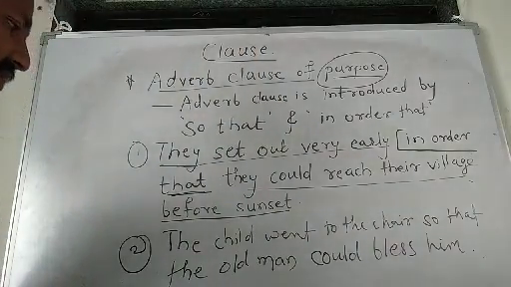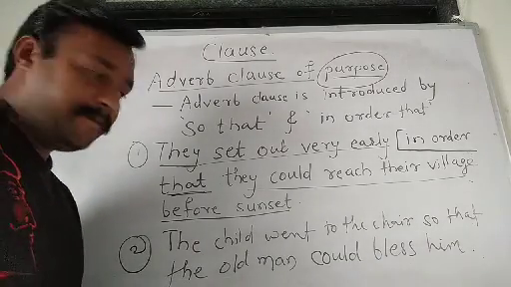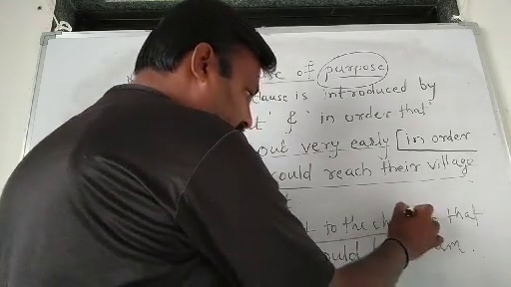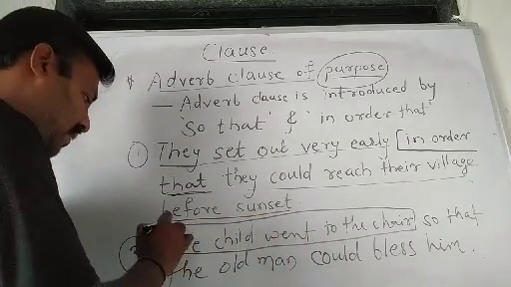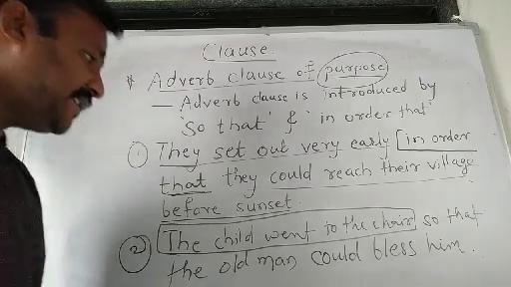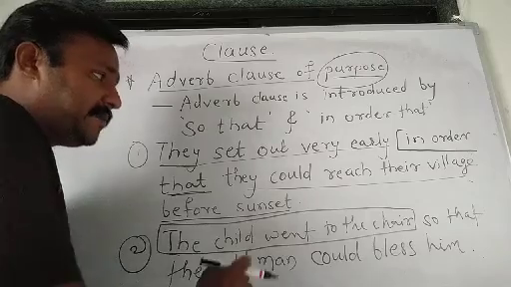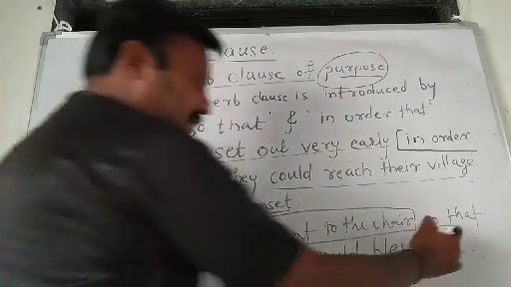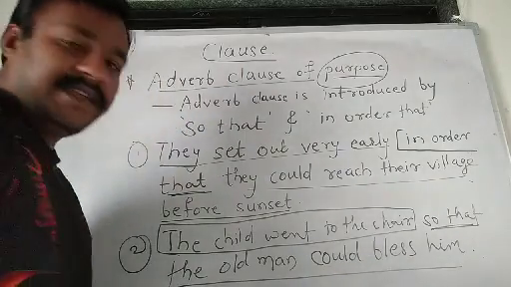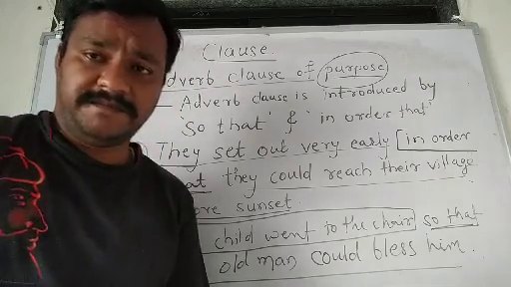The part of the sentence written in the box, "the child went to the chair", is our main clause. In this sentence the adverb clause of purpose is introduced with "so that the old man could bless him". This is our adverb clause, and its type is adverb clause of purpose.